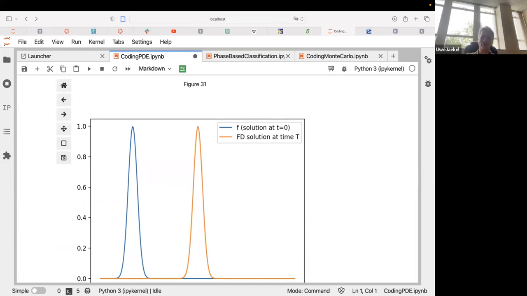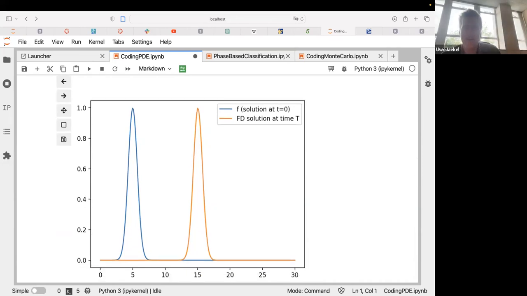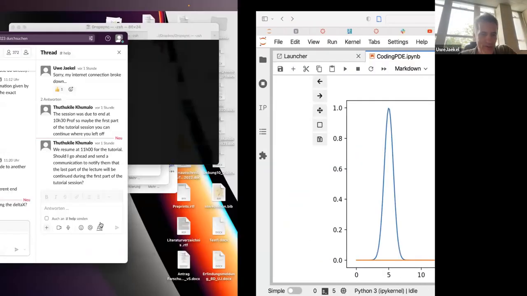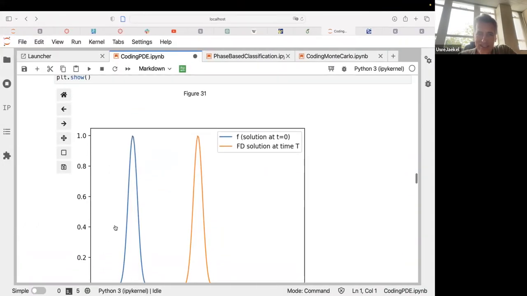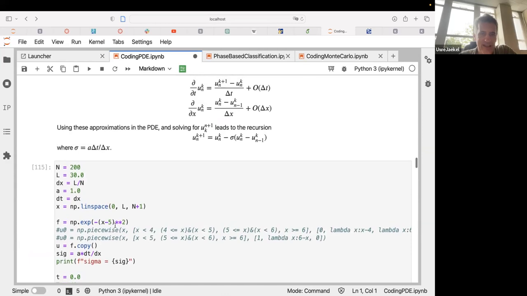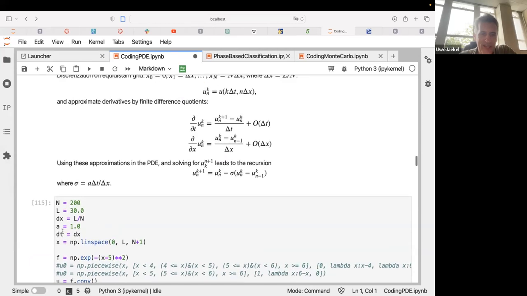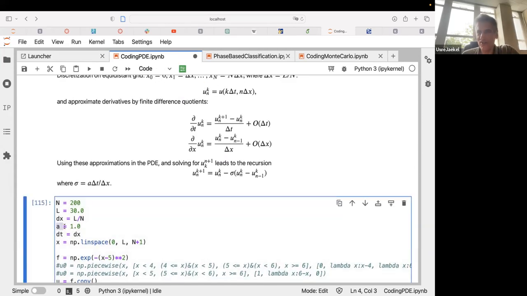So one could ask, oh, this is the solution of everything. I should just take care that sigma equals 1. There's one problem with that. Often we had a simple case where this velocity is a constant, but in many applications, and we will see one later in the Burgers equation, a is not a constant.